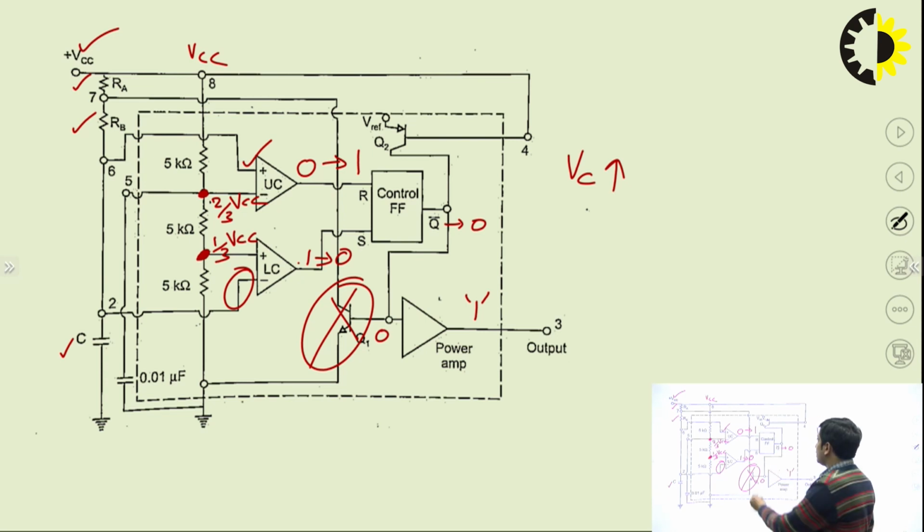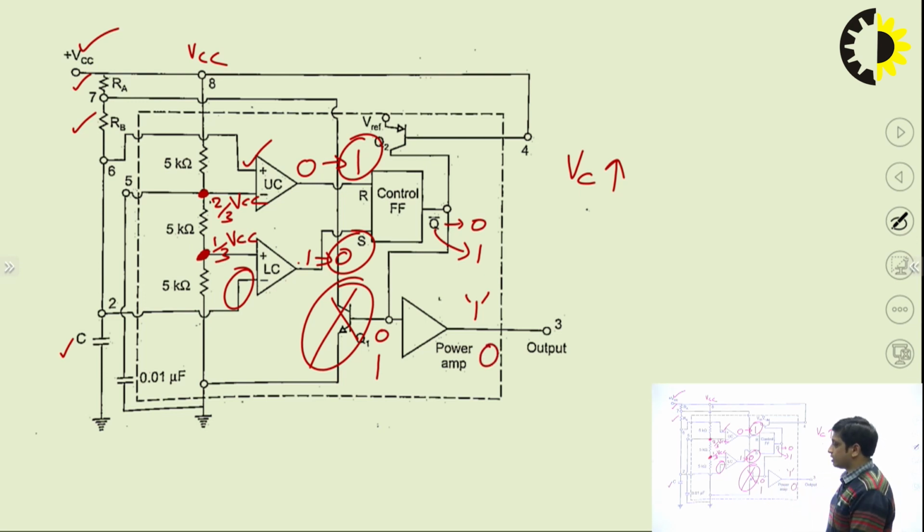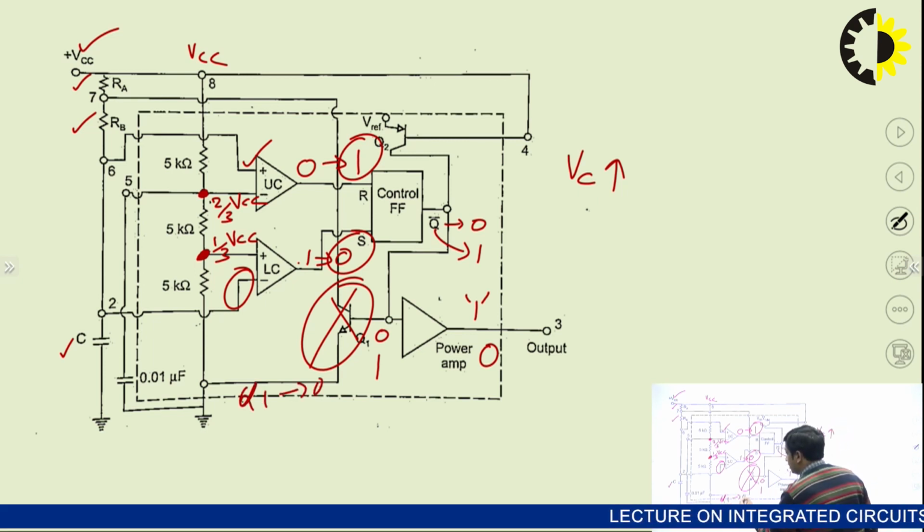So now it becomes the reset state of the SR flip flop. It means that now Q bar will be 1. If Q bar is 1, then the output will be 0, and in that case this Q1 transistor will be on.